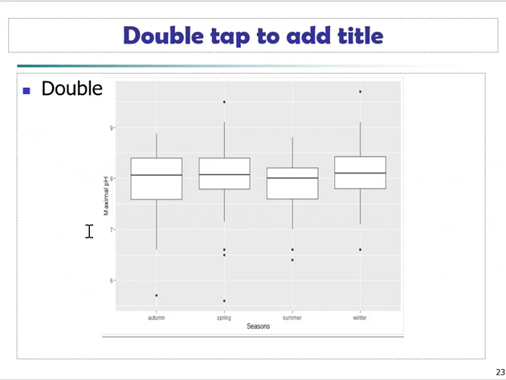In R, in our exercise, I showed examples of how to make box plots. And this is our second style, where you have whisker and outliers.